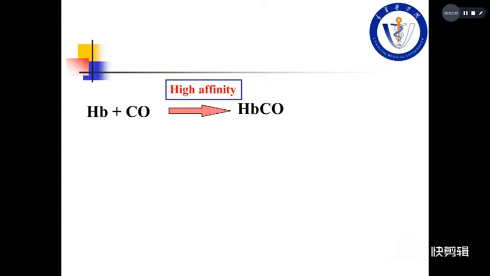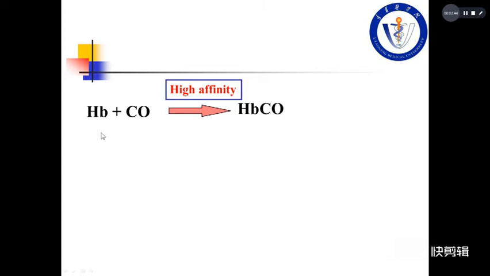Now carboxyhemoglobin can't carry oxygen, so the oxygen supply decreases, leading to hypoxia. The affinity of hemoglobin for carbon monoxide is more than for oxygen. Now carboxyhemoglobin liberates hemoglobin very, very slowly, so that also leads to hypoxia.